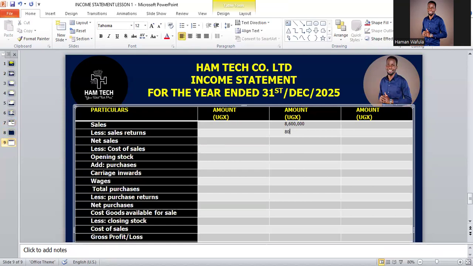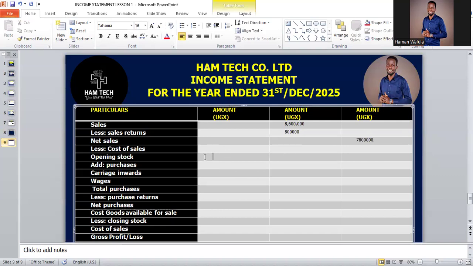So we subtract sales minus sales returns, 8.6 minus 800,000, that is 7.8 million. That is our net sales.